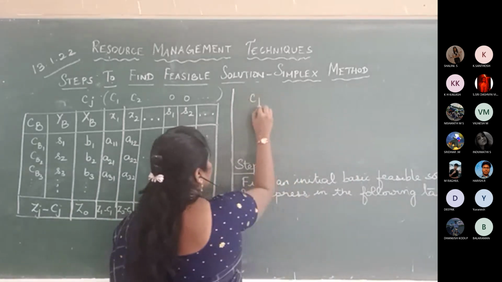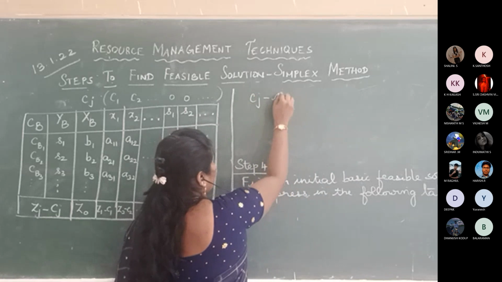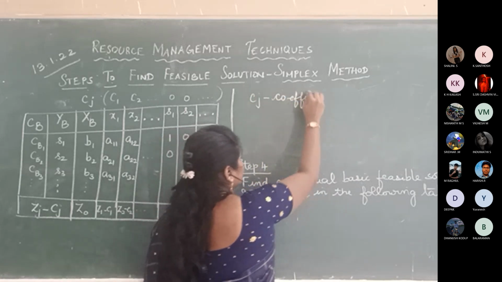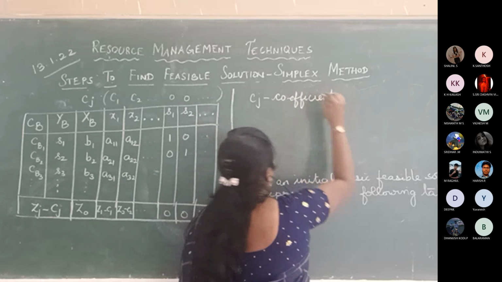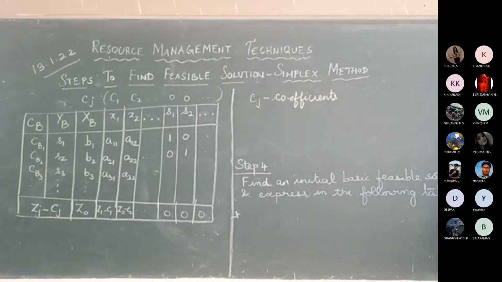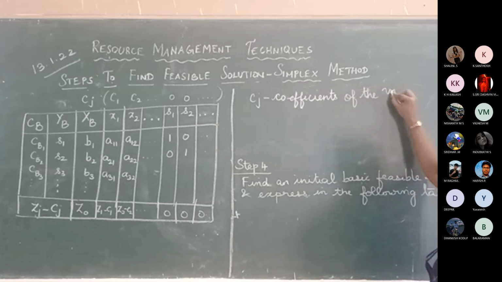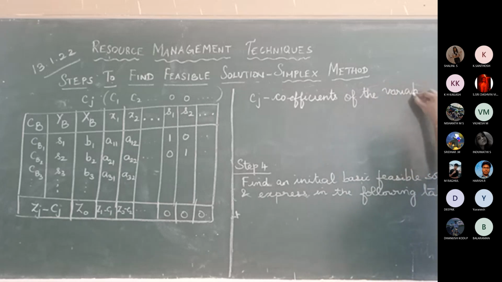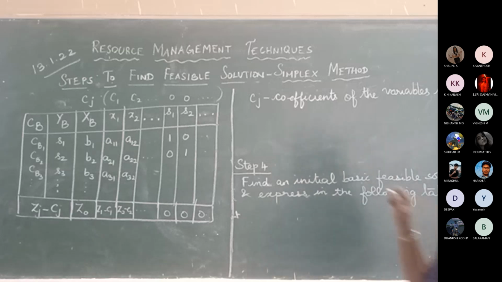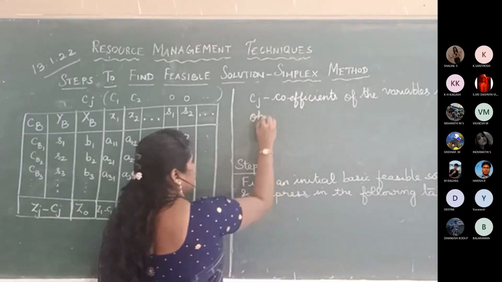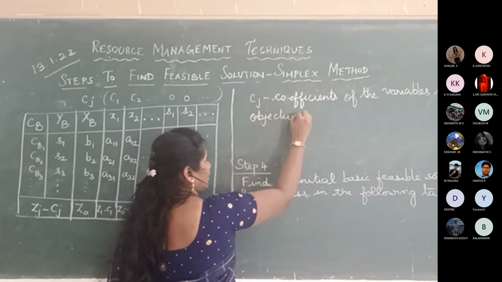Your Cj will denote the coefficients of the variables in the objective function. So you know what your objective function is.